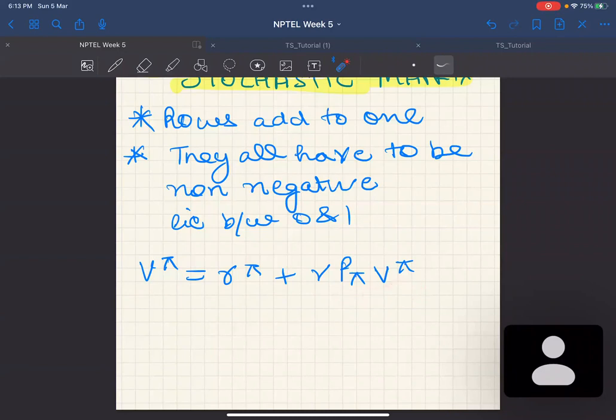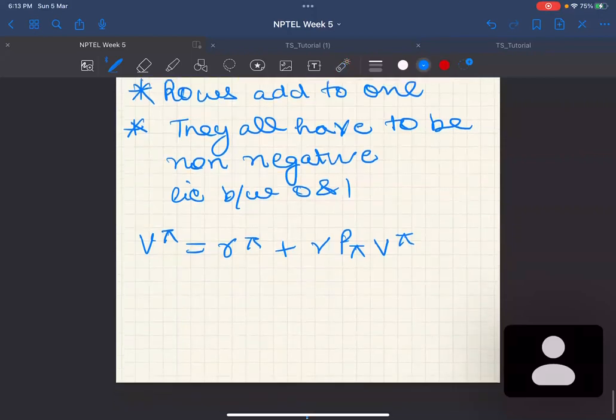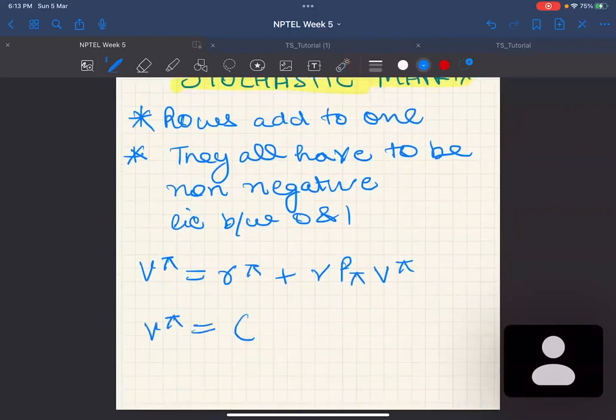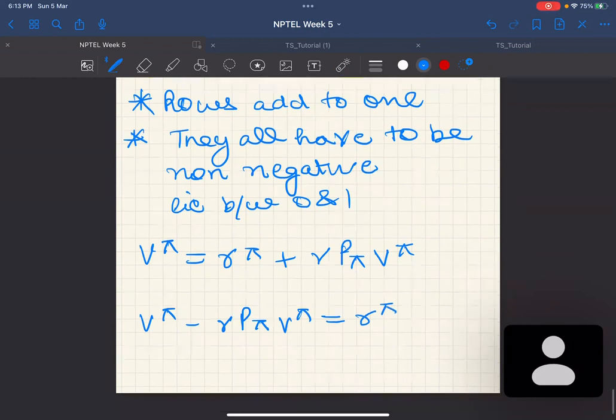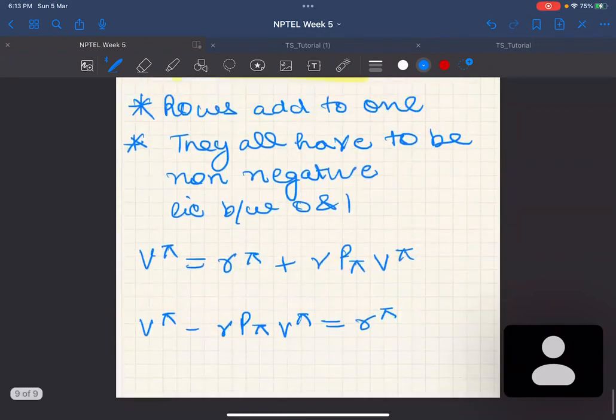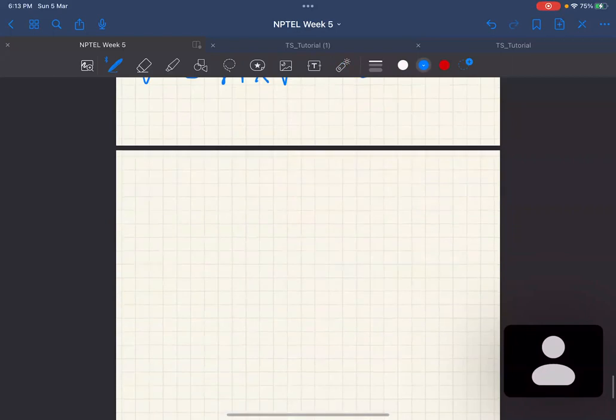We'll also do the numericals now. Or I can write it as, I'll take it common.